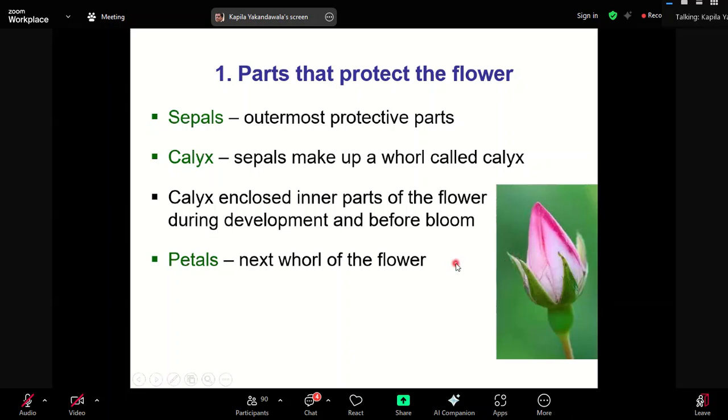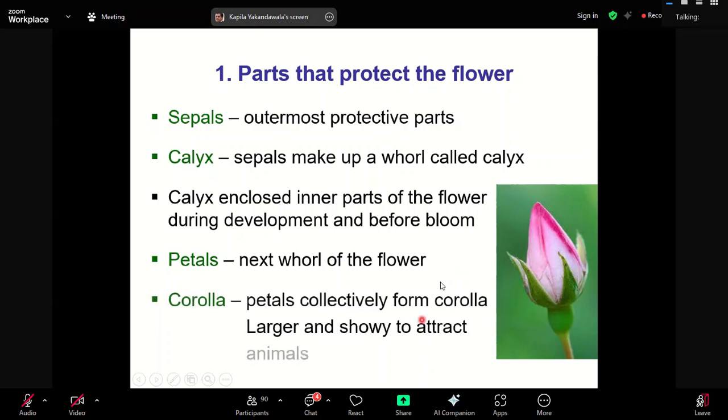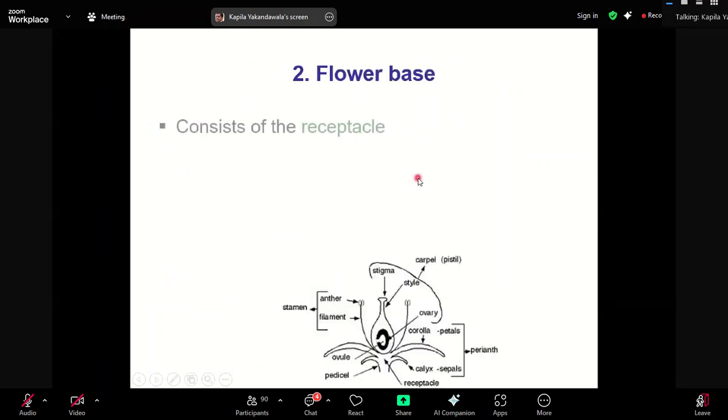Petals together are called corolla. Corolla are usually larger and colorful to attract animals. Then the flower base is called receptacle.